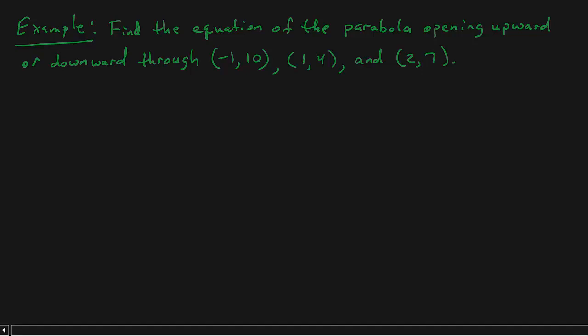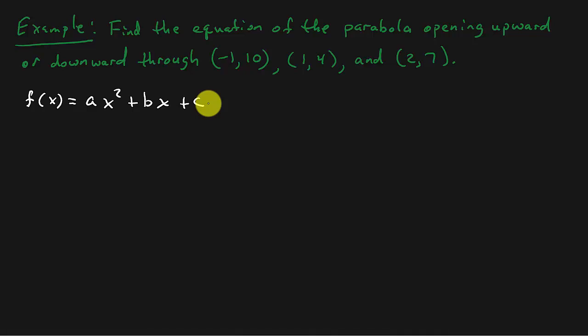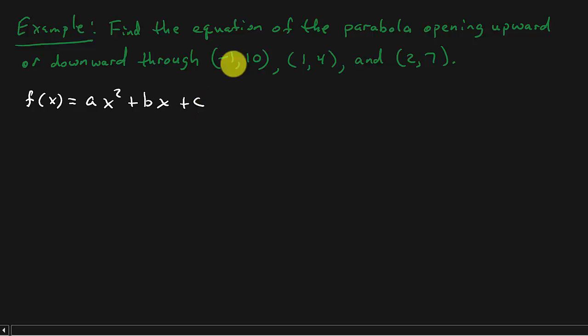Well, we know that the equation of the parabola is this. That's the equation of our parabola. So they're giving us some information so that we can find it. Let's just take a look at the first point.